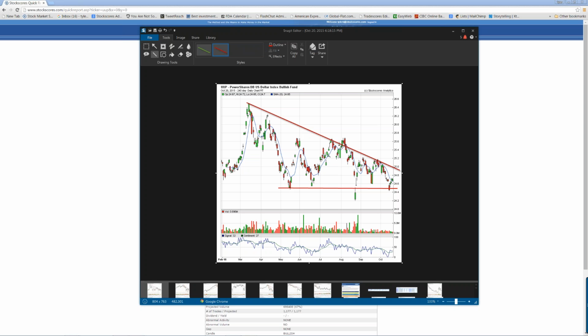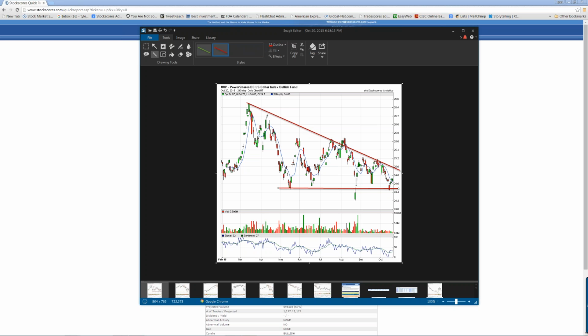The reason this chart has lots of air pockets in it is because, of course, the US dollar index, which is what this ETF is based on, is really based on the US dollar versus the euro, the yen, the Canadian dollar, Australian dollar. I think the biggest is the euro, the second biggest is the yen.